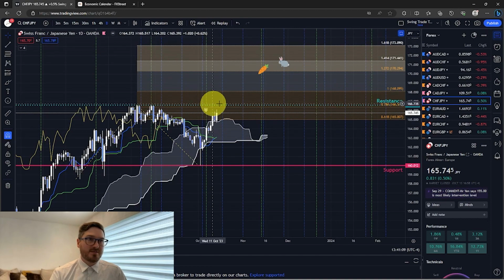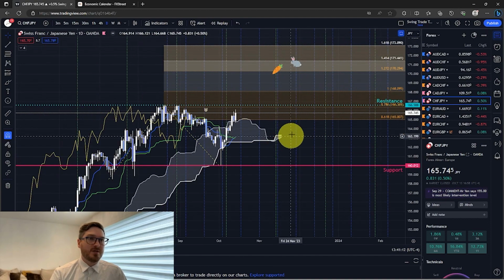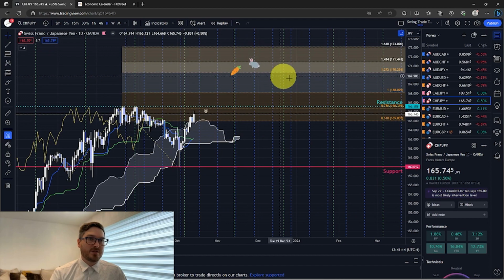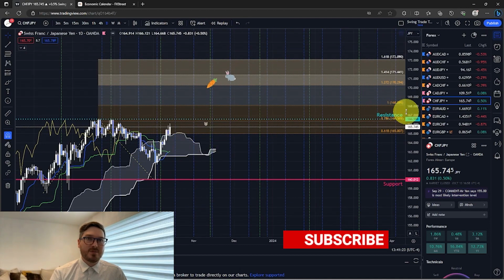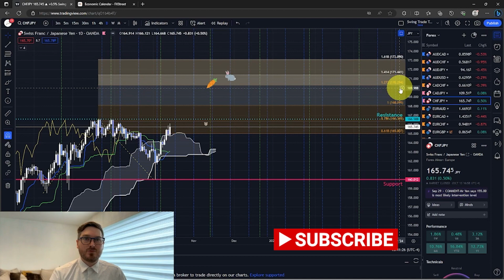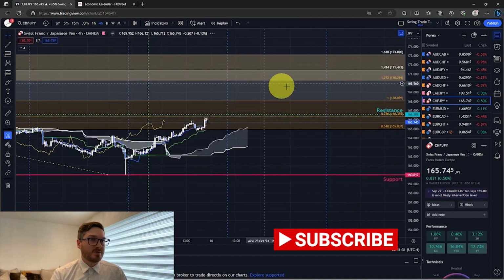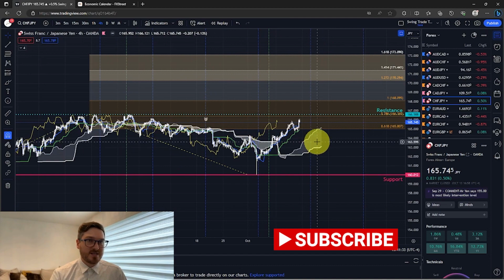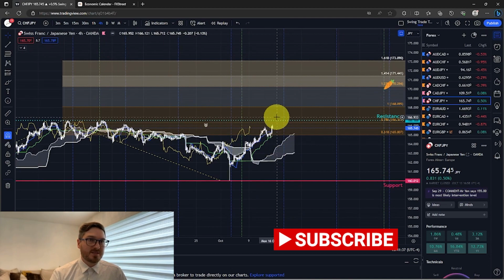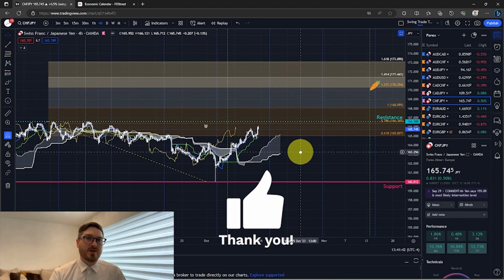And once we break this level and get a nice Kumo structure, we're going to be looking to target the 1.272 Fibonacci extension level, drawn in on the possible N wave, and that's at the 170.294 level. So we're going to be targeting that. It looks like even on the 4-hour chart we have a nice Kumo cloud structure forming, and so I'm expecting this resistance level to break based on the overall strength on this 4-hour chart.